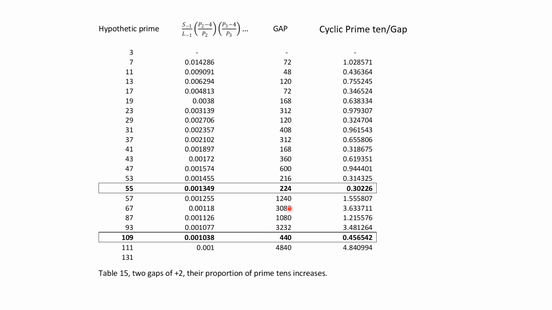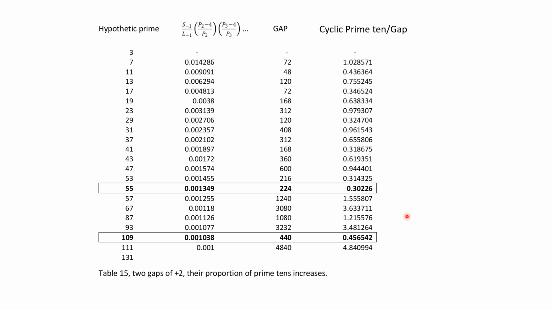So the proportion of empty boxes of cyclic prime terms per gap in gaps of +2 increases, of course, due to the other gaps that are in between.